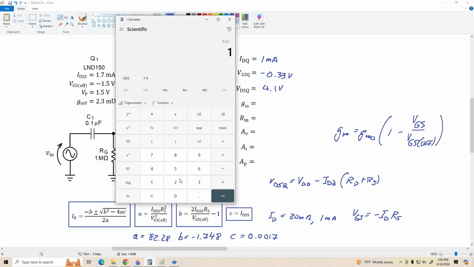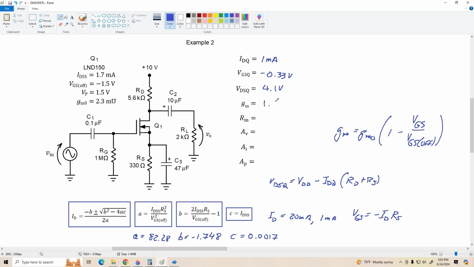Subtract 1, ignore the negative sign, and multiply by our GMO, which is 2.3 millimhos. Again ignoring the minus sign, it's about 1.8 millimhos. Now, our input resistance is approximately equal to Rg, that's 1 megohm.